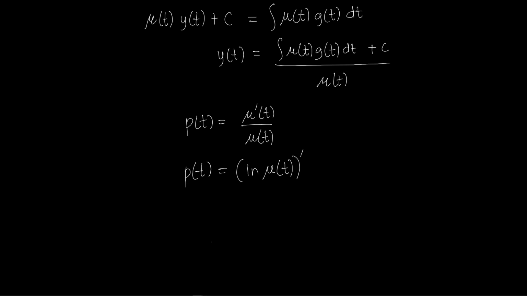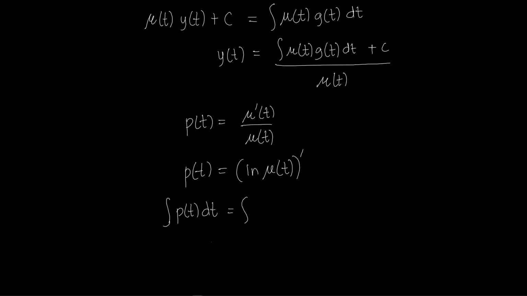Now, as with the process above, all we need to do is integrate both sides. I have no space left to add dt, so I'll put it down here: p of t dt.